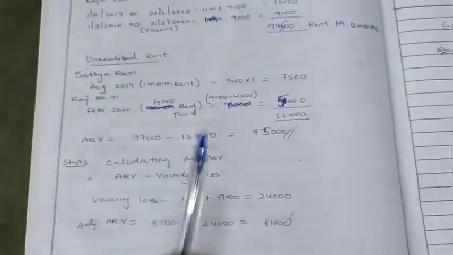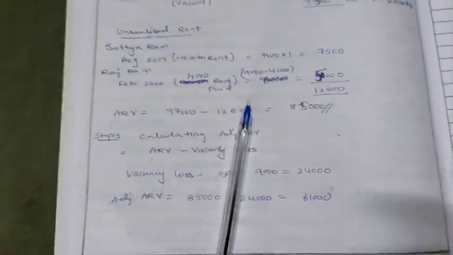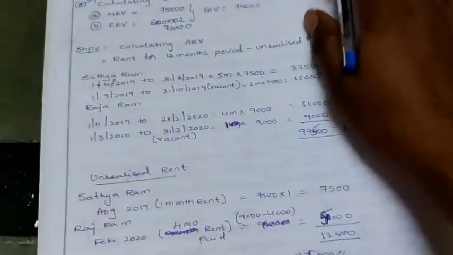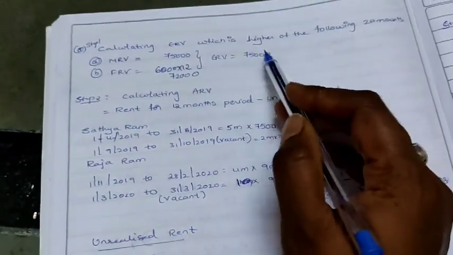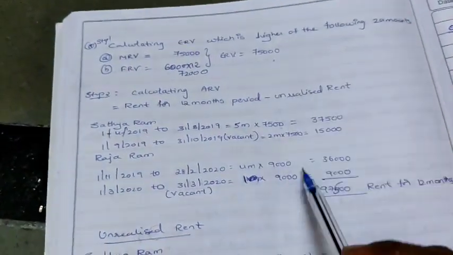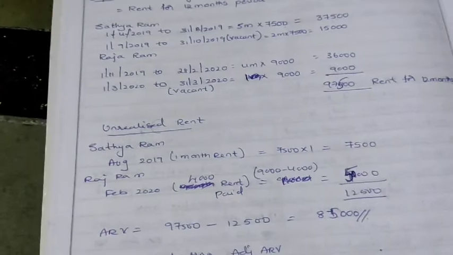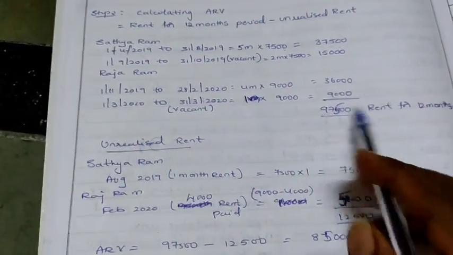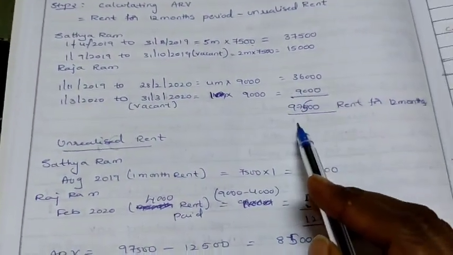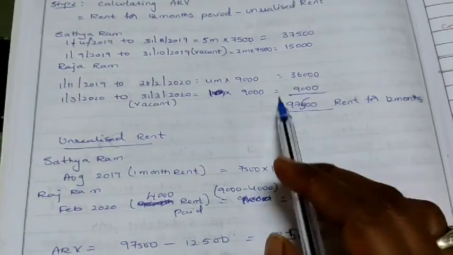Now, for calculating GAV, you have to compare this 61,000 with this ERV of 75,000.